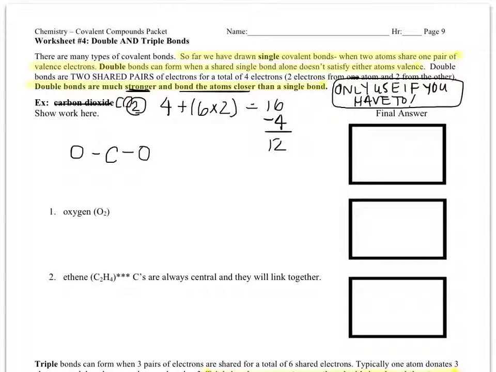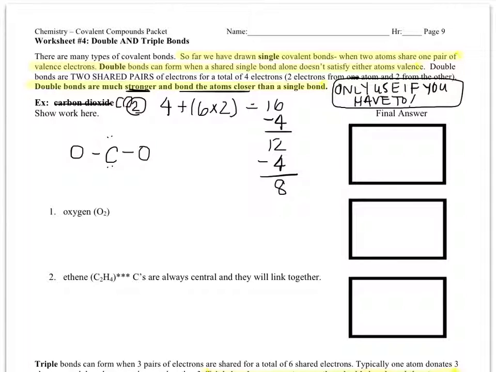Next place I put my electrons is around my central atom, trying to get 8 electrons around it. So it's already got 4 around it, those single bonds. 5, 6, 7, 8. Okay, so I've used 4 more electrons filling carbon, which means now I have 8 electrons left to go.